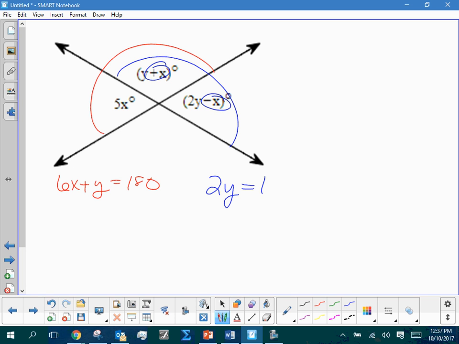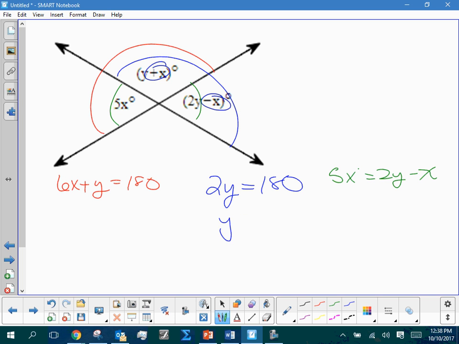So it gives me 2y equals 180. And my third equation would have been the vertical angles again, so 5x equals 2y minus x. If I look at those three equations, and I write them all down, if I look at that red one, I thought, oh, I'm going to need another equation that has the same two variables. But then I look at the blue one, it does what for me?